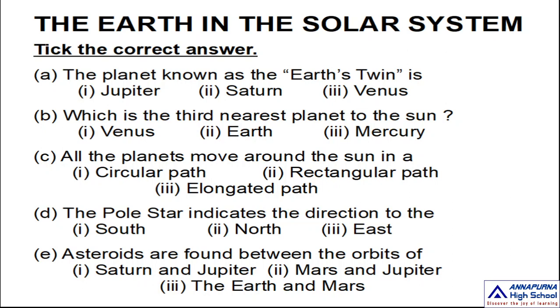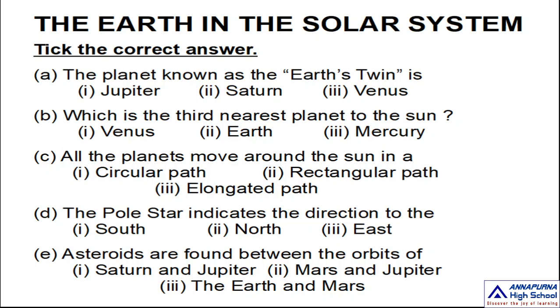Next, which is the third nearest planet to the Sun? Here three are given: Venus, Earth, Mercury. Remember one sentence. Already I told that sentence to you. I read that sentence again. Listen carefully: My very efficient mother just served us nuts.